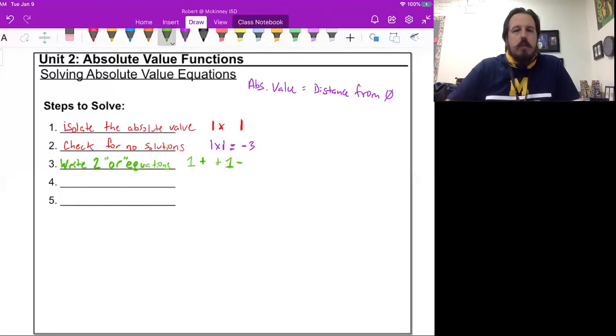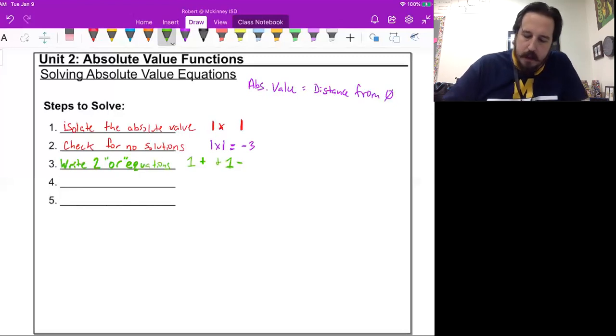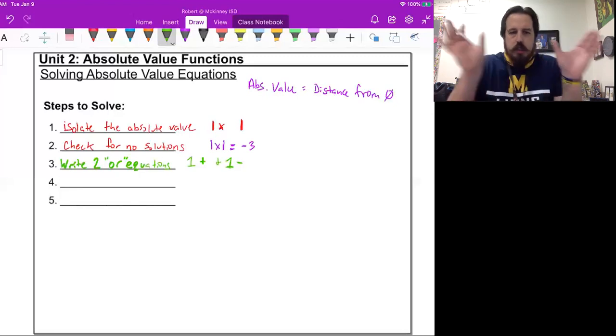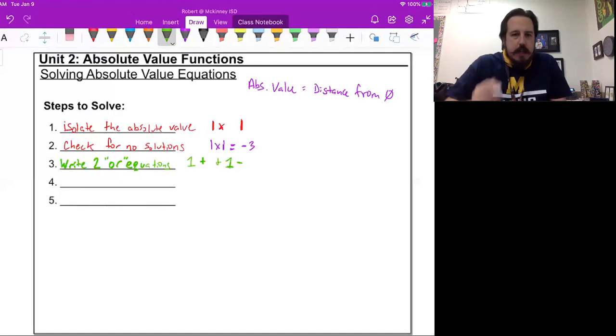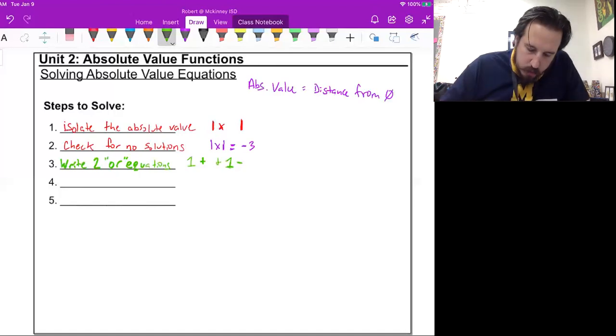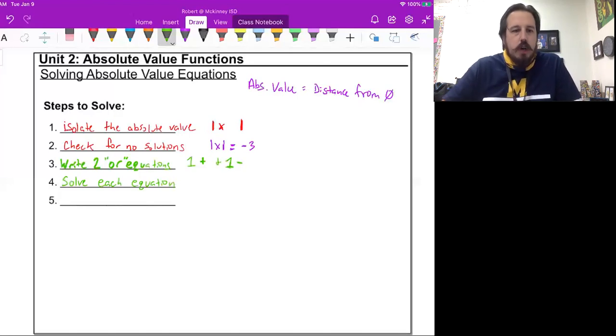I'll explain what I mean by that when we're looking at our examples. Now that you have 2 equations, a positive equation and a negative equation, you solve each equation independently. Okay, so you solve each one of those.